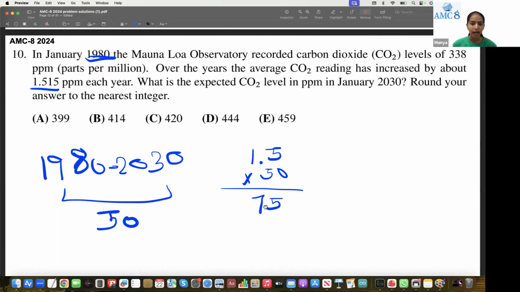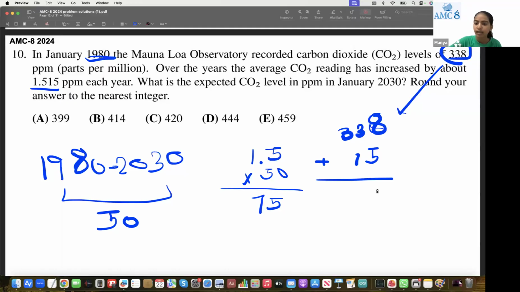And so we need to add 75 to 338. And we got 338 from here, I'll draw an arrow here. If we add this, then we should be getting 413.